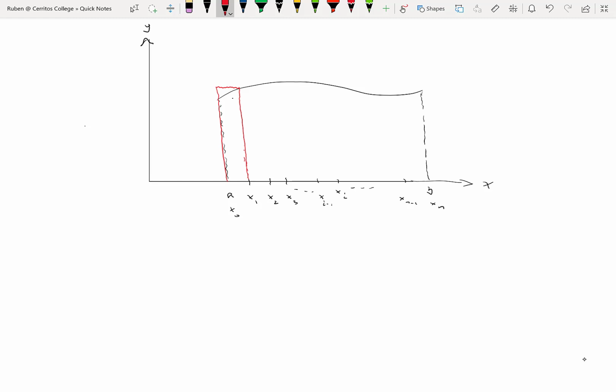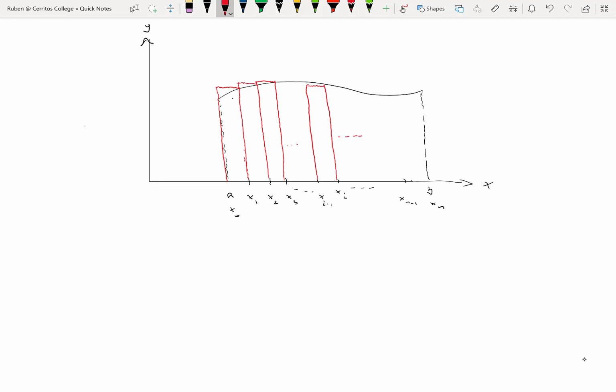In the second subinterval, we do the same thing. We go between x1 and x2, and on the right is x2. We go up to the curve and form a rectangle using the y value there at x2 as the height. We keep doing this at x sub 3, up to the curve, form a rectangle. Somewhere in the middle at x sub i, go up to the curve, form a rectangle. And we keep going to the end.